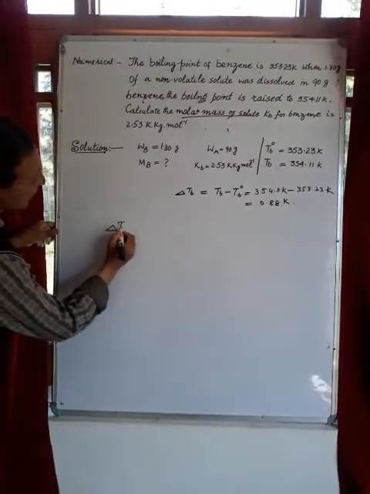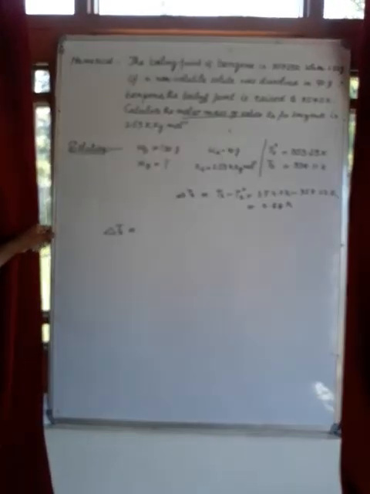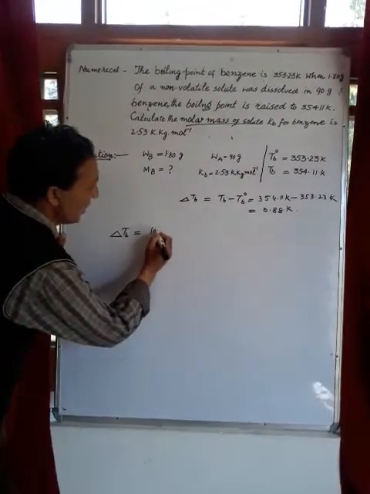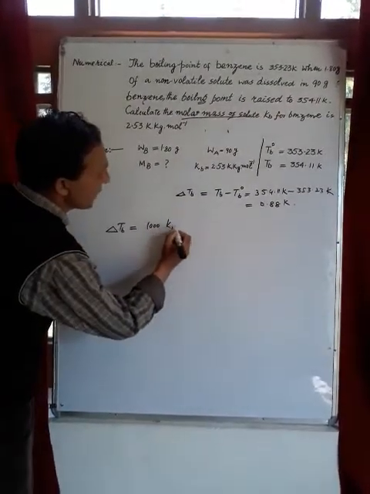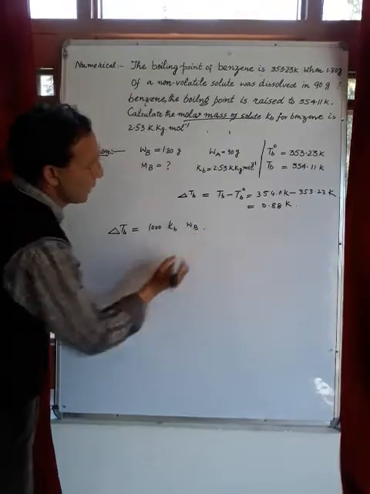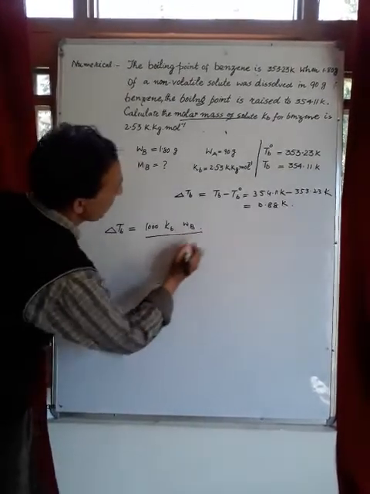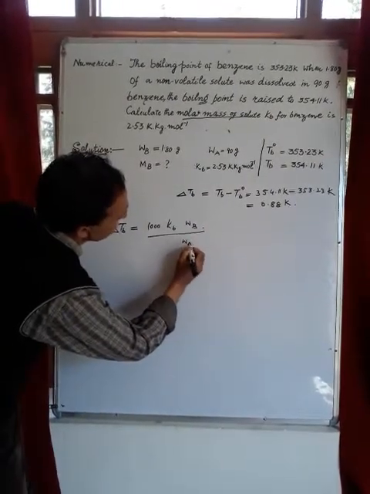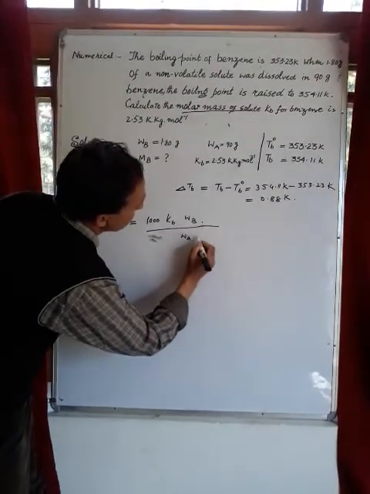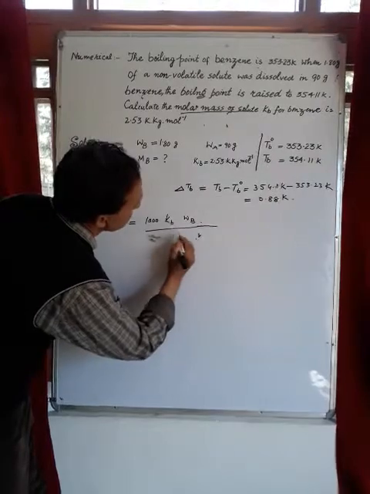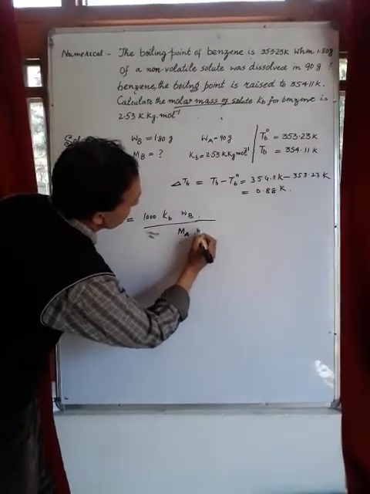Del Tb, the elevation in boiling point, is equal to what is the formula? 1000 Kb Wb divided by Wa into Mb.